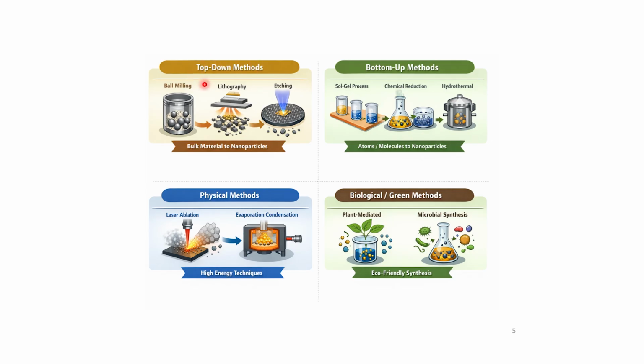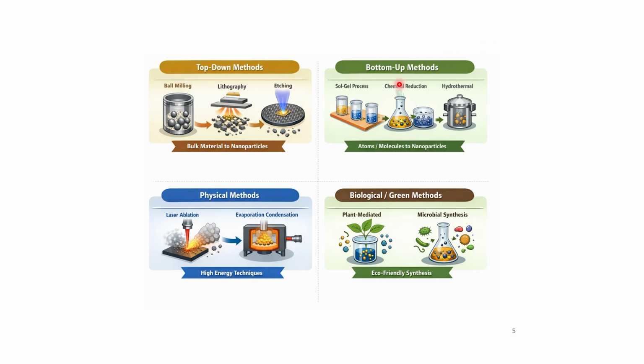Now top down methods include several techniques like ball milling, lithography or etching, that is from bulk material to nanoparticles. These are mostly physical methods where you are creating material from bulk to smaller sizes. I will be explaining these in detail in my next slides.